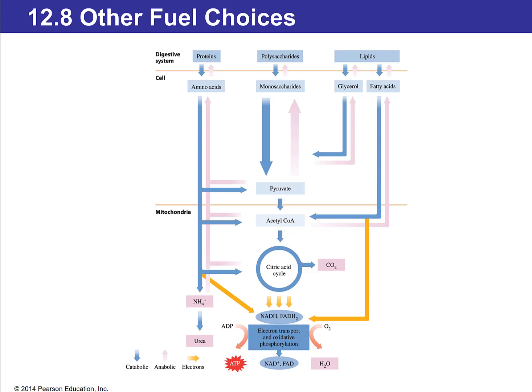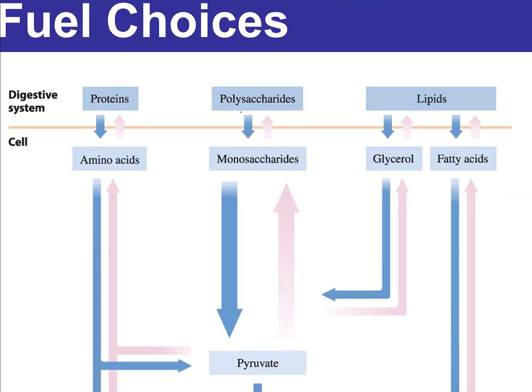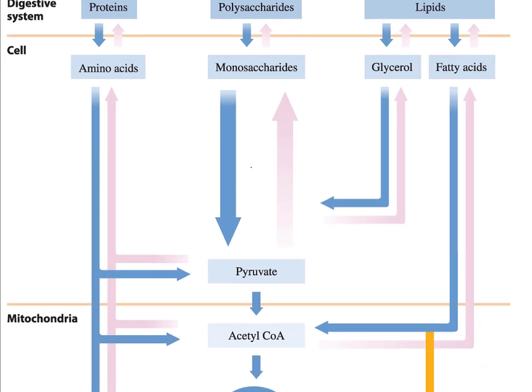So you can use the others too. This one shows the other nutrients. Remember we said that you've got proteins, amino acids, sugars, and then the fatty acids. So we can actually shuttle them in. But notice, this step right here is glycolysis, right? Taking the monosaccharide, making it to pyruvate.